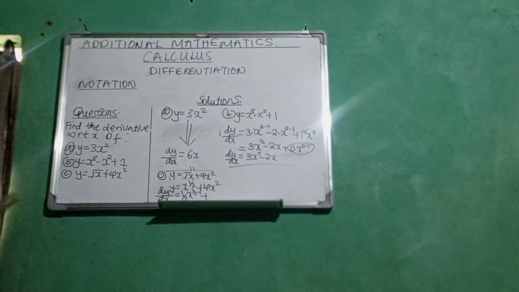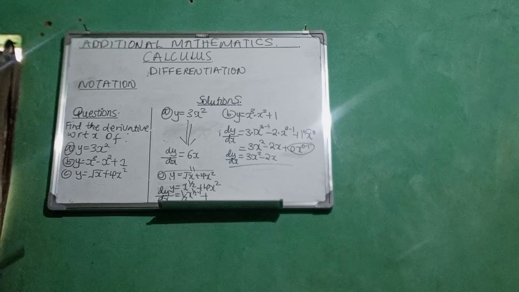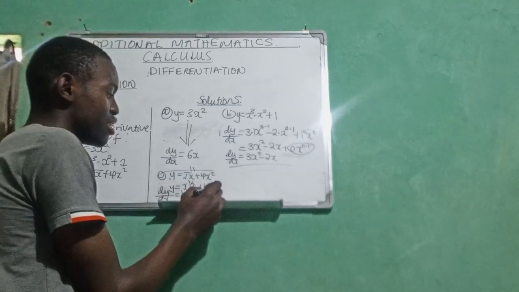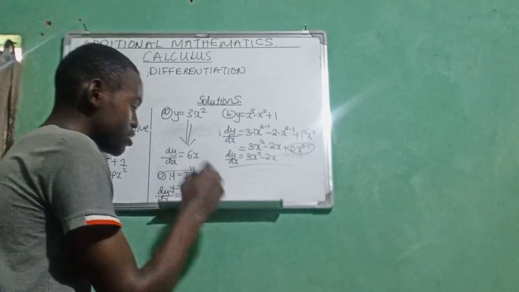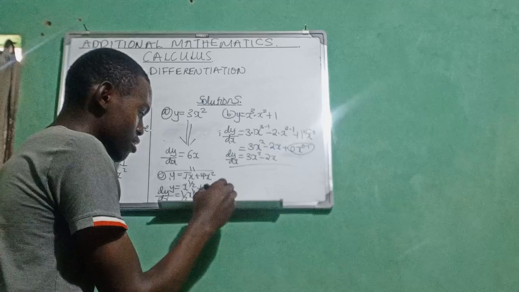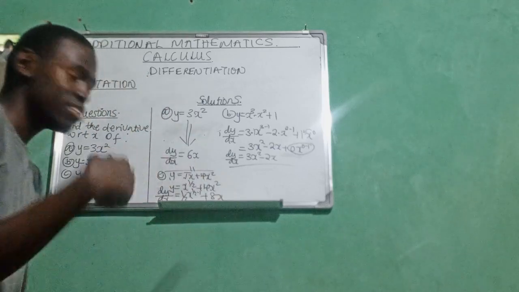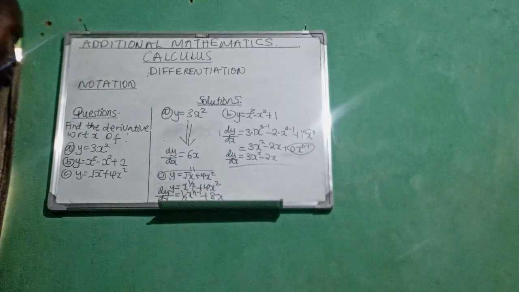Writing what I've showed you is not necessary. It is not even working. It is just for you not to get confused. So here I won't write 2 times 4. I'll just write 8x, because it is the power 2 minus 1, just 8x. I'll write it like that.